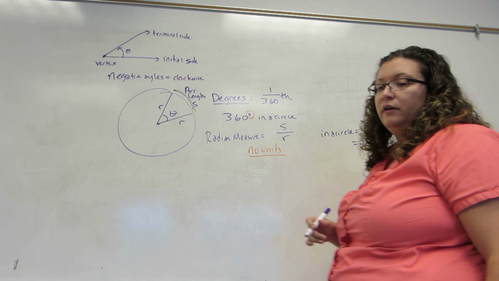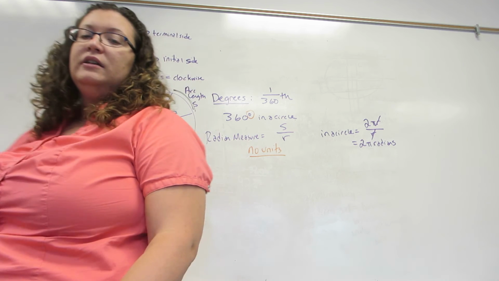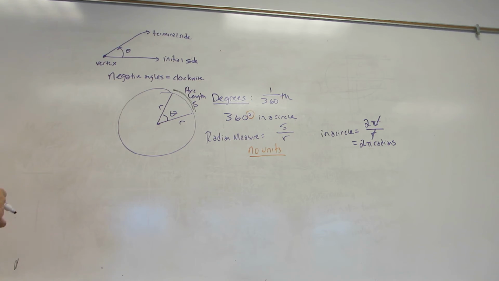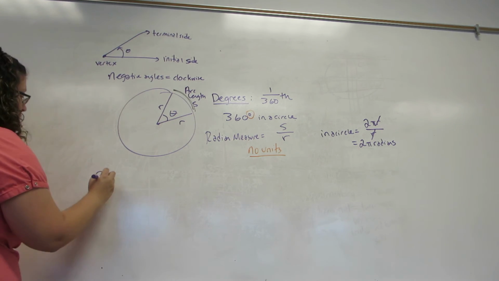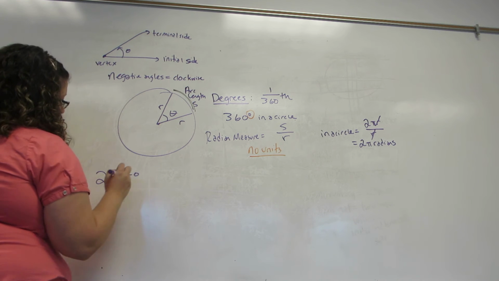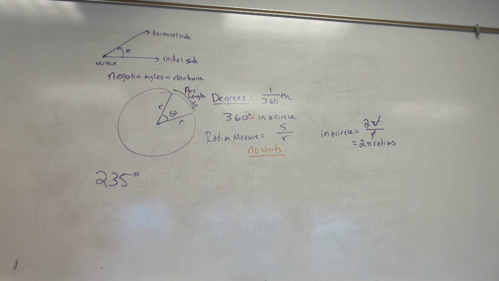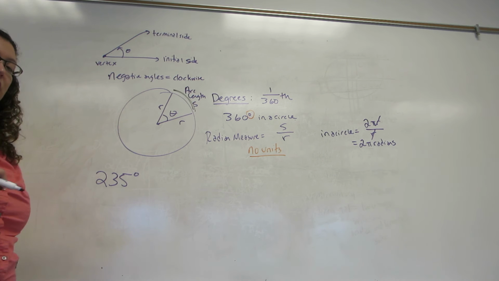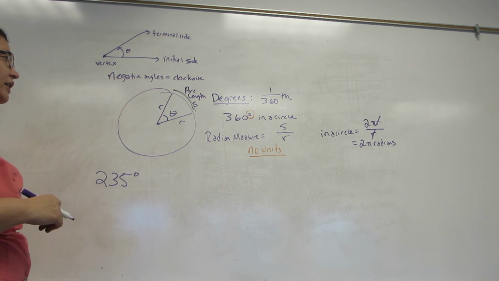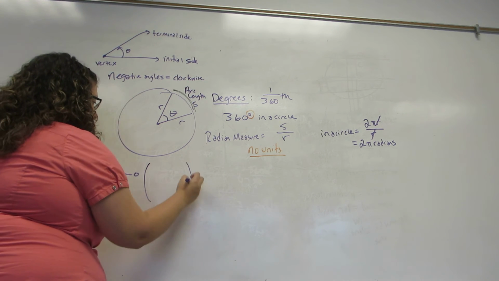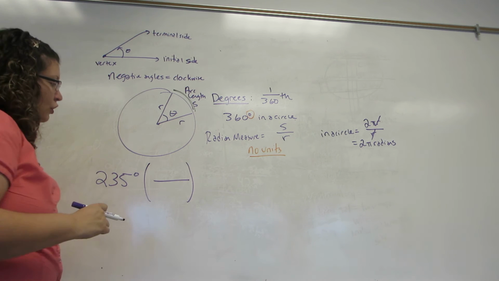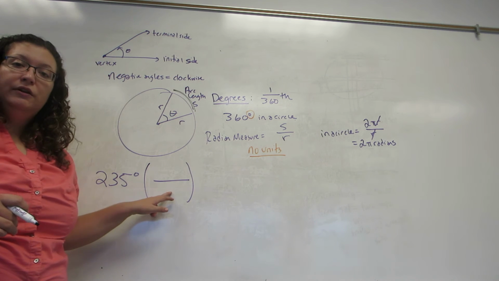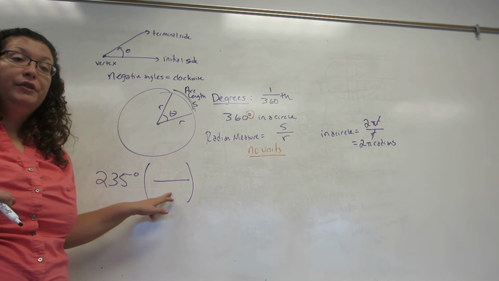Okay. All right, now we're going to do an example of converting back and forth between degrees and radians. Let's start with 235 degrees. If I wanted to convert this to radians, I'm going to use a conversion factor. And a conversion factor is multiplying by a fraction where the top and the bottom may look different, but they actually represent identical things.